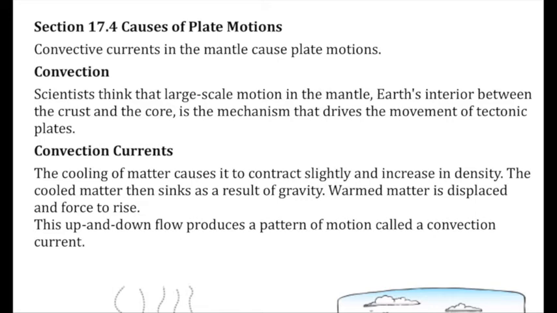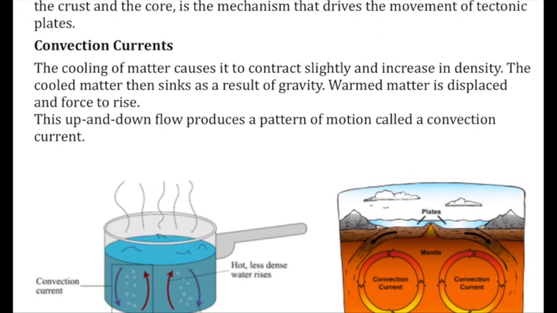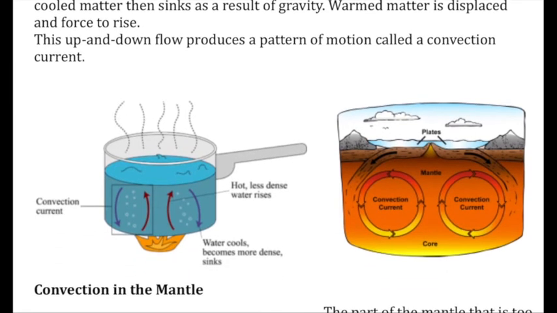Now the solid crust of the Earth is floating on a semi-solid or liquid mantle. As you have hot and cold spots in the mantle, you have convection currents in the mantle that are thought to give the crust the energy to move around. If you remember, convection currents are simply hot rises, cools off, and sinks.